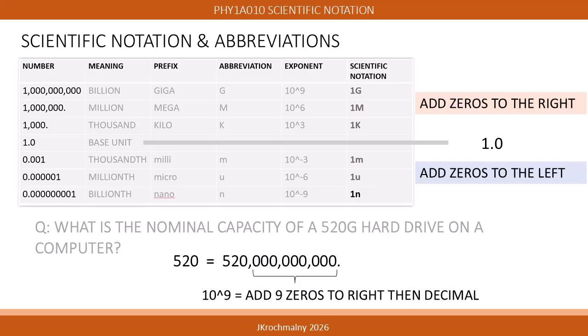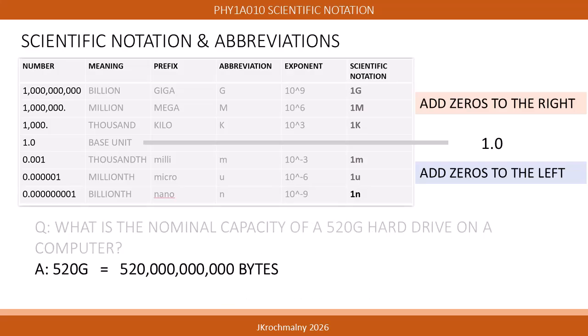Adding these 9 zeros to the right of the root number of 520 results in the number 520 followed by 9 zeros, indicating billions. Since 520 billion is just a number, we have to apply this value to some quantity. In this case, the 520 billion is the amount of bytes of memory storage capacity.